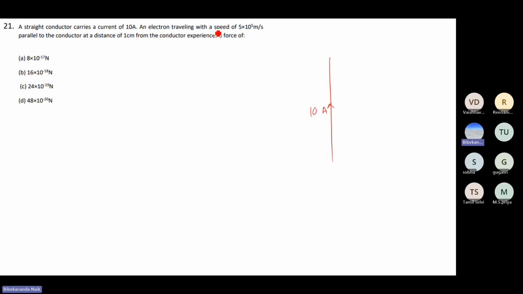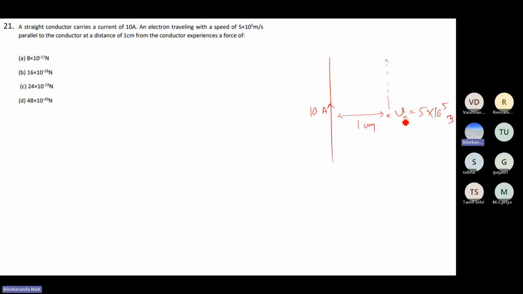Suppose this electron is traveling, the distance is 1 centimeter from the axis of the conductor, and the velocity of this electron is 5 into 10 to the power 5 meter per second. So what will be the force it will experience?